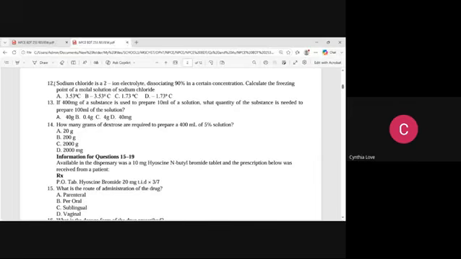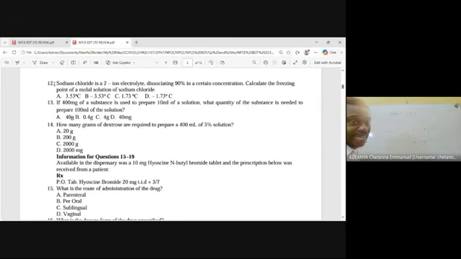Yes, sir. But remember yesterday how we got minus 3.53. We said that the freezing point change is equal to minus 1.86 times the I factor. Remember? This thing is constant.